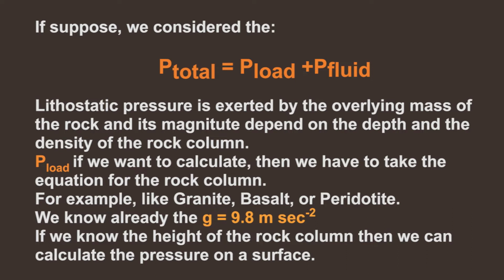If we want to calculate P load, then we have to take the equation for the rock column, say for example granite, basalt or peridotite. We know already g equal to 9.8 meter per second square. If we know the height of the rock column, then we can calculate the pressure on a surface.